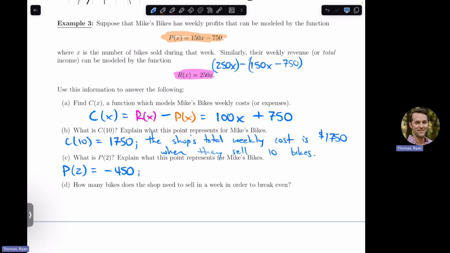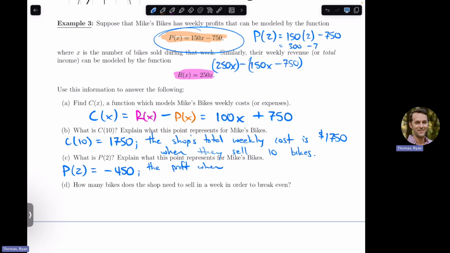Okay, but it's negative. They lost money. Yeah, profit can be negative. It means things aren't going the way you wish they would, right? But it happens. P of 2 is 150 times 2 minus 750.